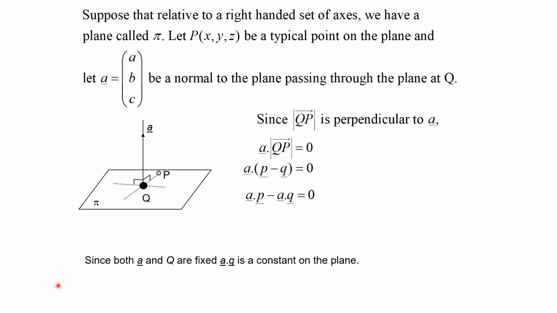Therefore, since A and Q are fixed, A dot Q is a constant on the plane, because vectors A and Q we fixed in advance for the purpose of the calculation. So A dot Q is known as a constant on the plane.